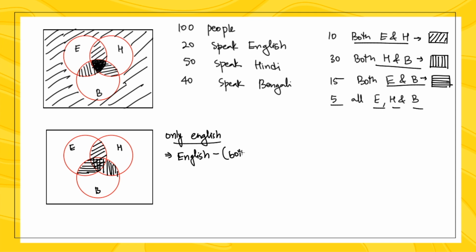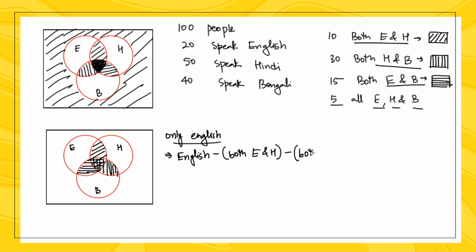So I will subtract the Hindi and English region, E and H. Again, I have to remove this region, those people who can speak English and Bengali both. So I can subtract this region also, meaning those people who can speak English and Bengali, I want to remove them as well.